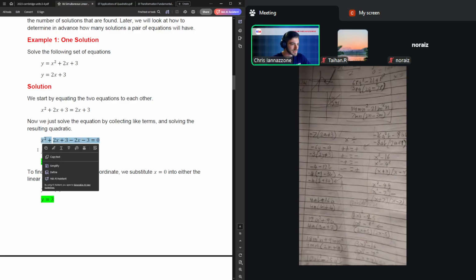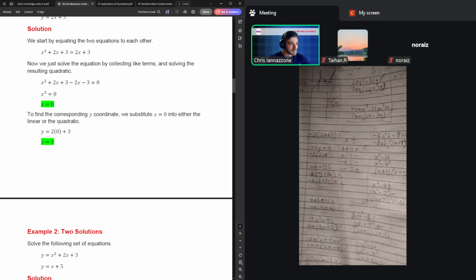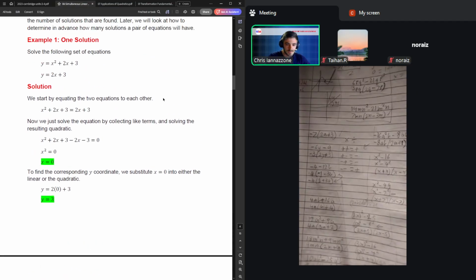What you're left with is a resulting equation which has only one variable, in this case x, and you solve that however you solve that equation. In this case, the quadratic condenses down really easily, so there's not much else to be talked about there. Everything just cancels out, and you get a nice and easy x equals 0. Sub that back in to get your y equals 3 in this case. Simple enough so far?